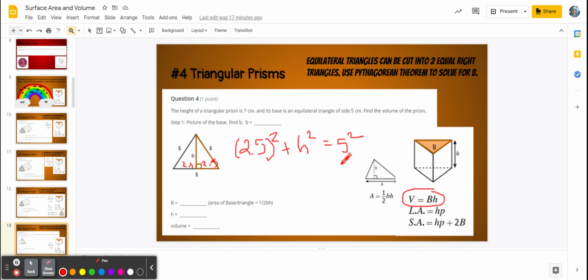And then we take the square root. So the height of the triangle is like 4.3. So when I go to do the base, I've got to do 1/2 the base of the triangle, which is 5, times the height of the triangle, which is 4.33.